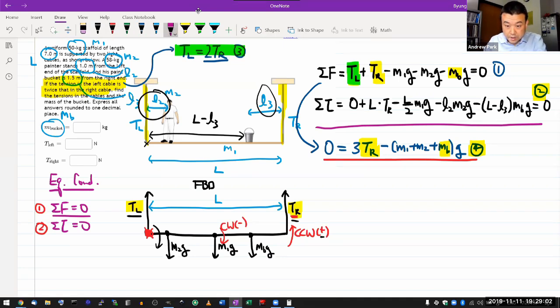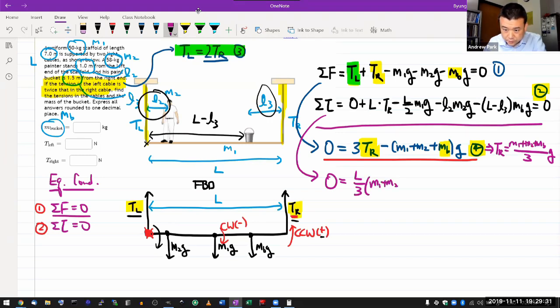So solving this for TR, what you get is TR is equal to the sum of the masses divided by 3 times G. So let me plug that into equation 2 to get 0 is equal to, L over 3 times M1 plus M2 plus MB, G.